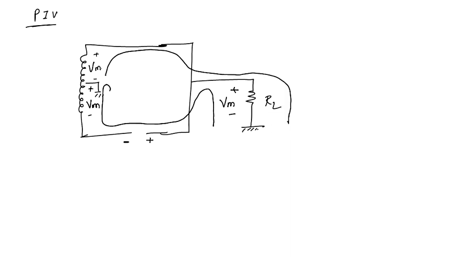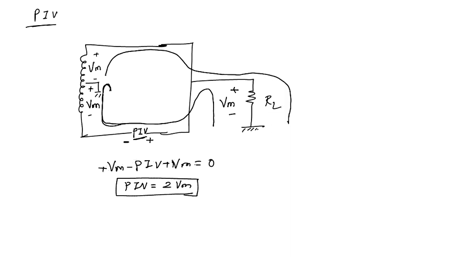And when the input is at a maximum value, the reverse voltage will be at maximum across this diode D2. Now when we apply KVL in this loop, we start with plus Vm minus PIV plus Vm equal to 0. So PIV equal to twice Vm.